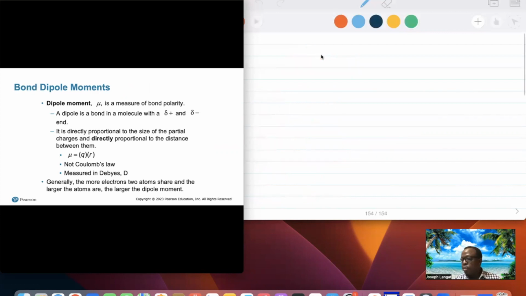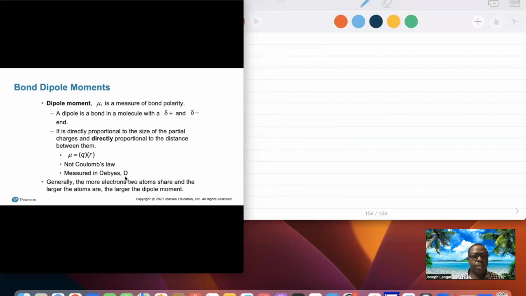Now, the transfer of electrons or unequal sharing of electrons is indicated by what we call the dipole moment, represented by the Greek symbol mu. This mu is a measure of bond polarity: to what extent are electrons transferred from one element to the other? It is directly proportional to the charge times the radius, and it is measured in debye.